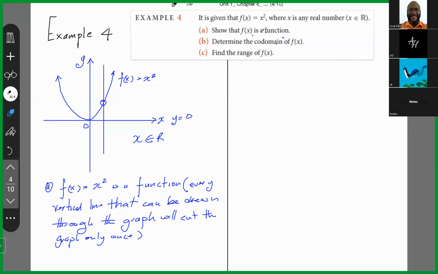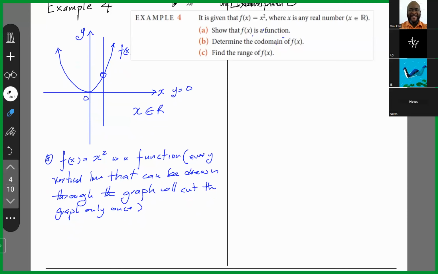All right, so B, determine the codomain. The codomain is y is an element of the set of what? Real numbers. Your codomain elements are all possible values of y.